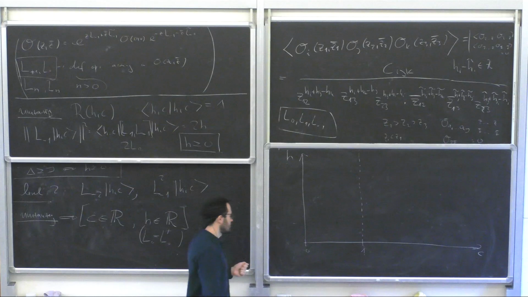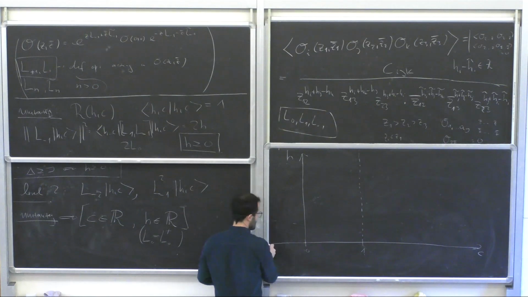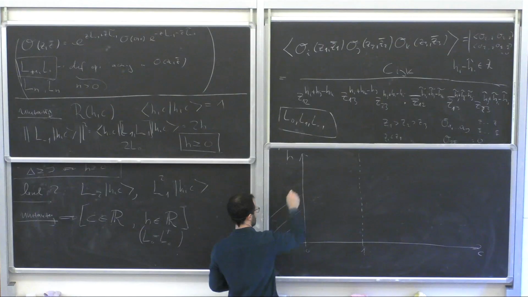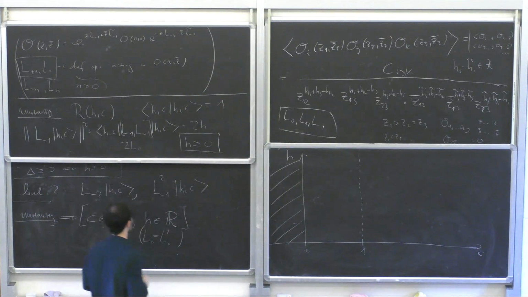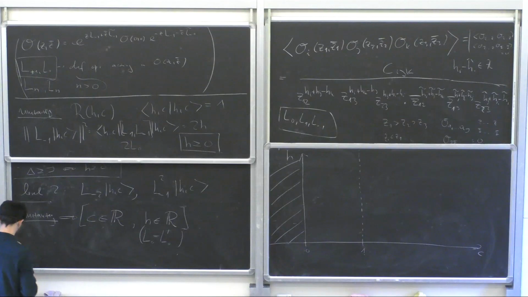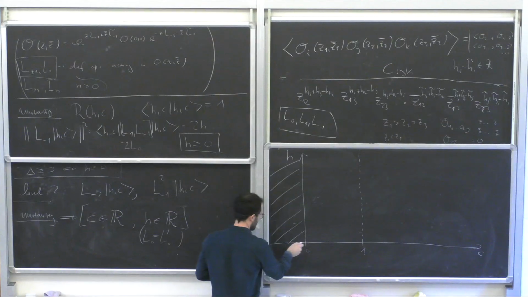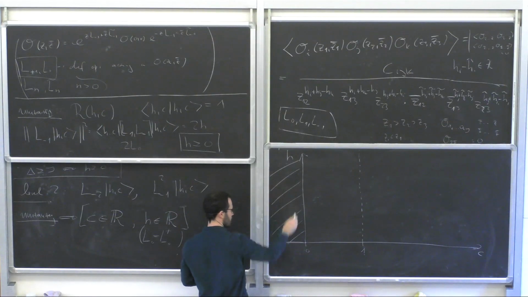So what happens? We should ask for which H and C is the matrix of inner products non-negative. Something that you can exclude relatively easily is C negative. I know how to do it for h equals 0, but I don't actually know how to do it for general h.